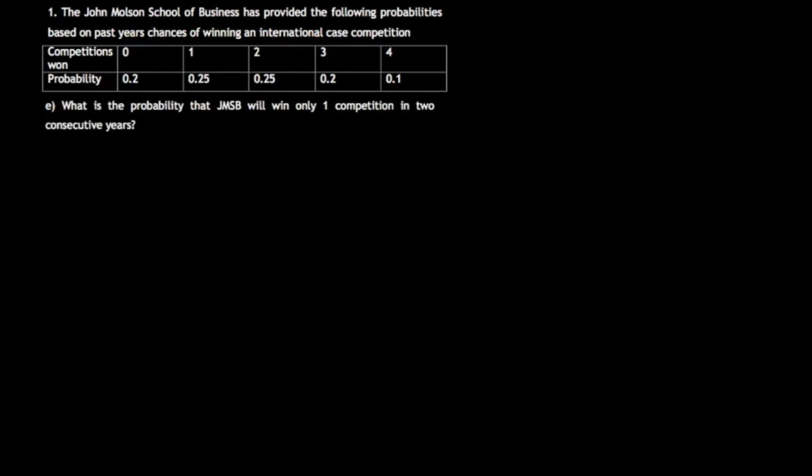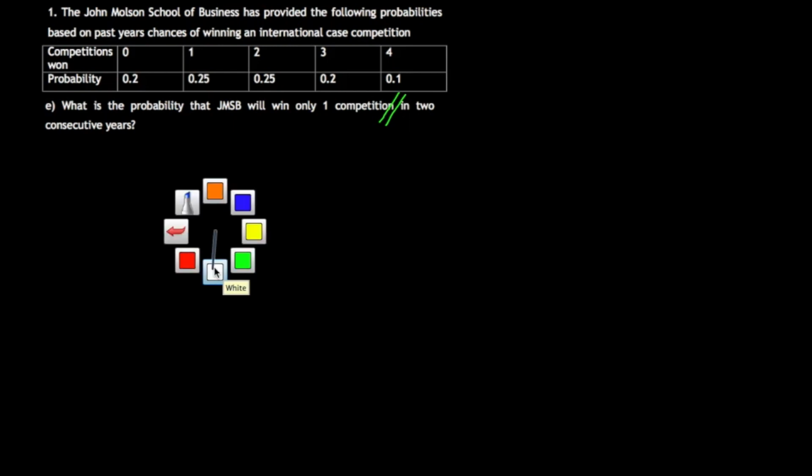All right? So let's move on to question E. What is the probability that JMSB will win one competition only in 2 consecutive years? Okay, so there are 2 parts to this question. So let's chop it up. The first part is, what is the probability that they will win one competition?